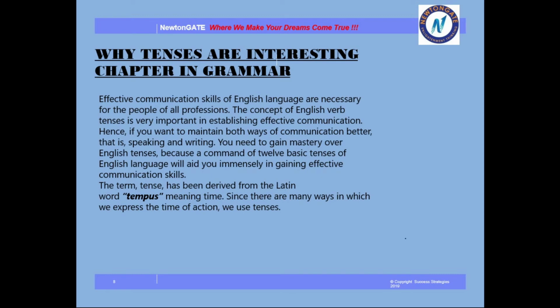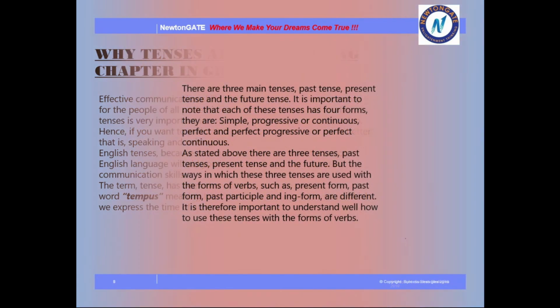The term tense has been derived from the Latin word tempus. And what is the meaning of tempus? Tempus means time. We can observe time as past, present and future. Since there are many ways in which we express the time of action, we use tenses.